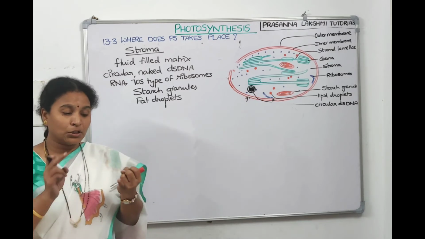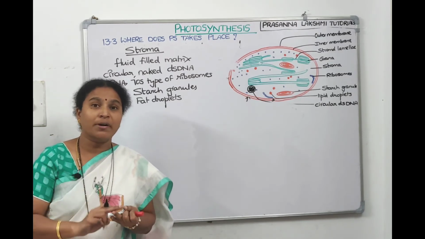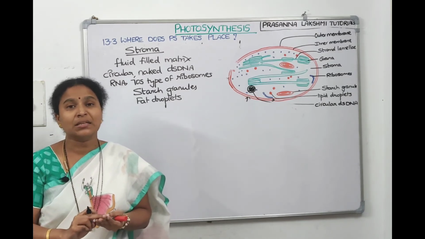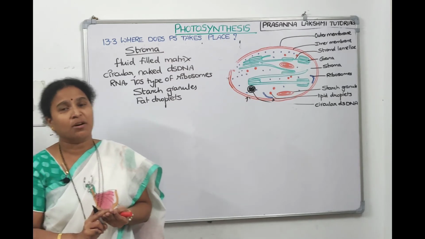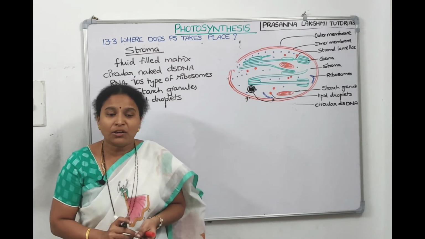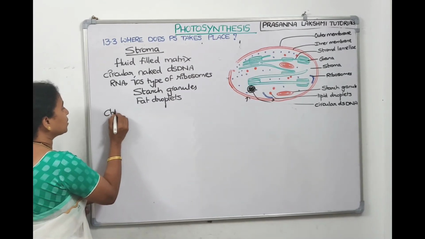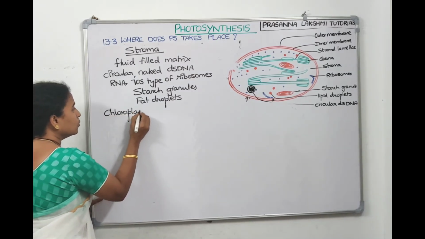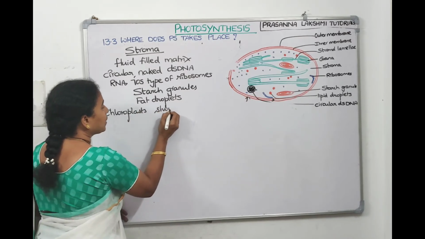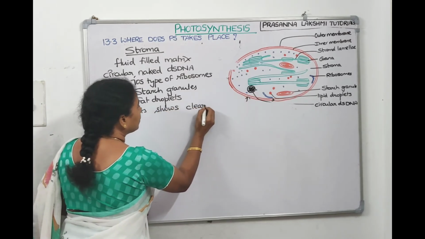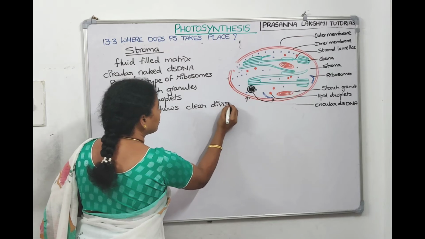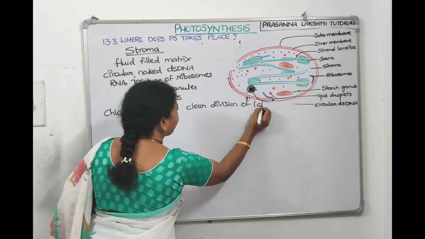Since it has its own DNA and its own ribosomes, it can do its own protein synthesis. We call chloroplast as well as mitochondria semi-autonomous organelles. And we say that chloroplast shows clear division of labor.